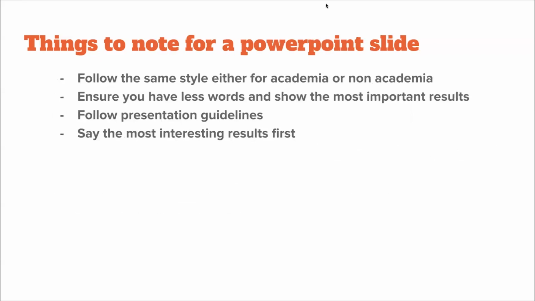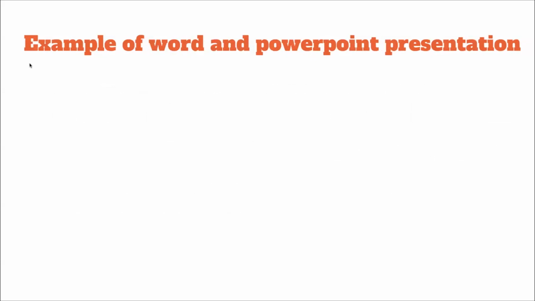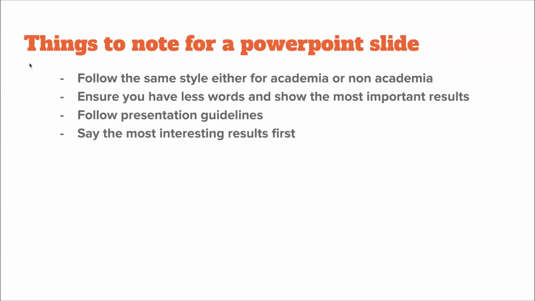This is in case you are doing a PowerPoint slide. These are things to note for a PowerPoint slide. Follow the same style, either for academia or non-academia. What do I mean? Just try to ensure you follow the style.